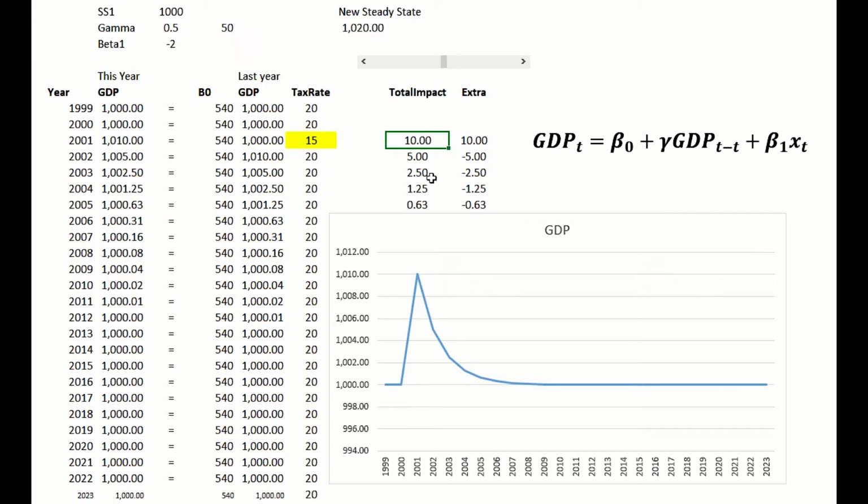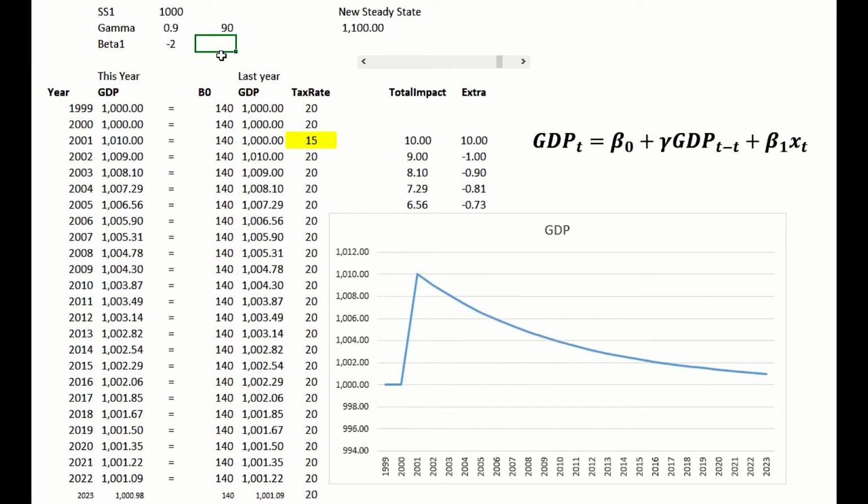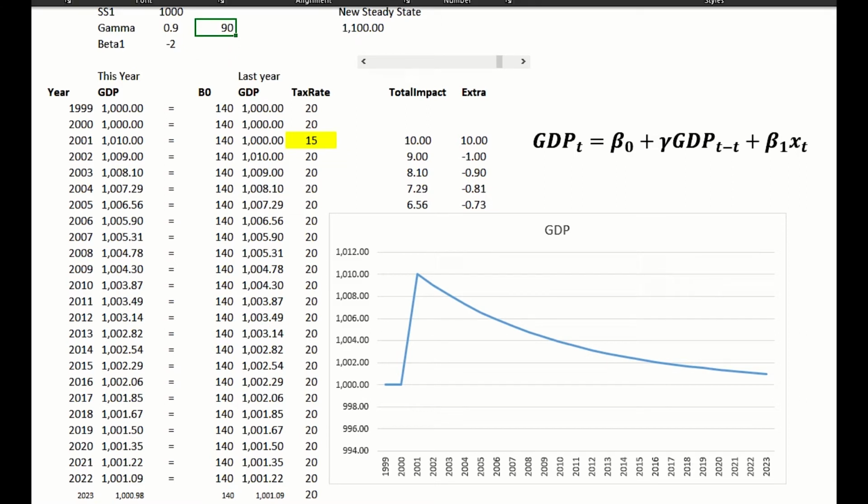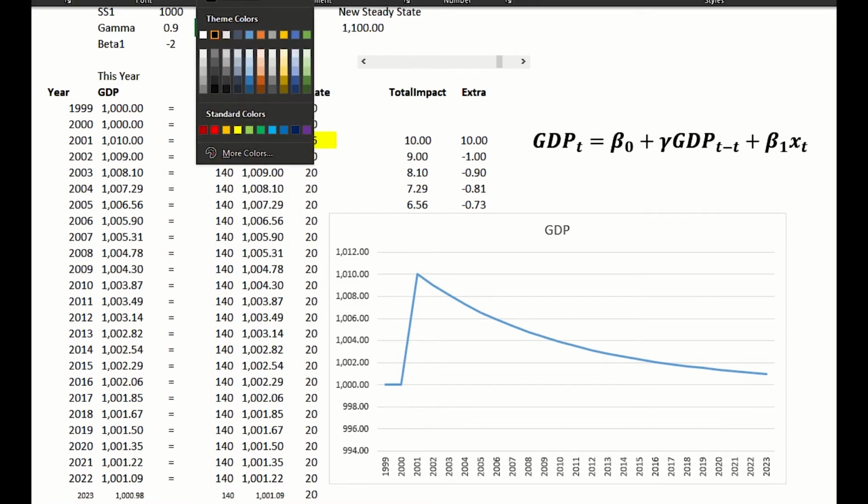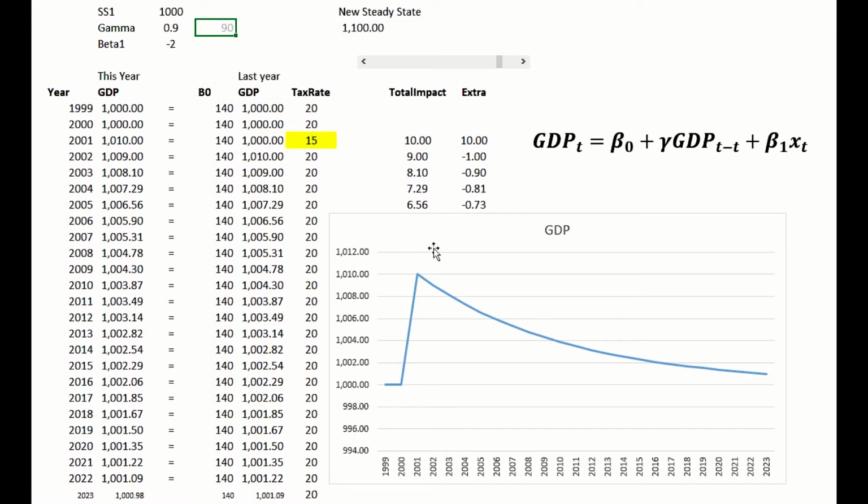First the impact was 10, then only 5 is still around, then 2.5, it's dropping by half in this example every year. But in both of these examples, with the 0.9 and with the 0.5, eventually that effect will be completely gone.